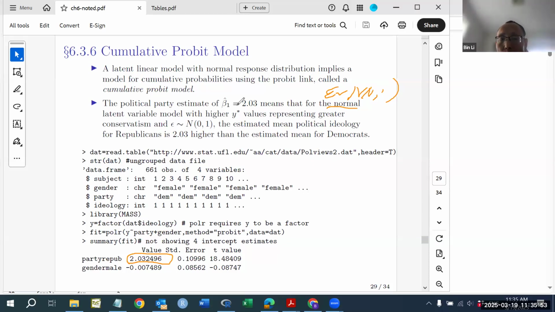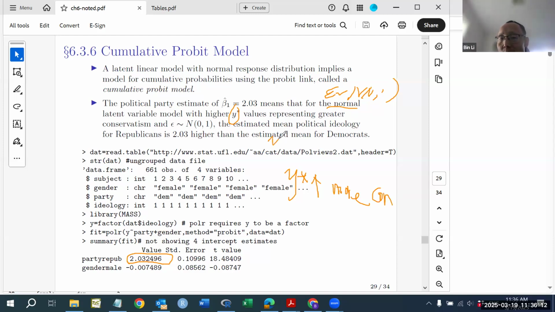And remember the Y star is the unobserved continuous variable. So the larger the Y star, that means it's more conservative. Is that right? Why?